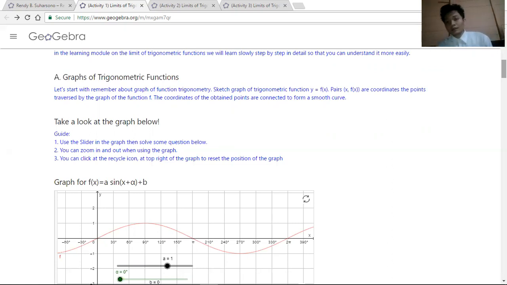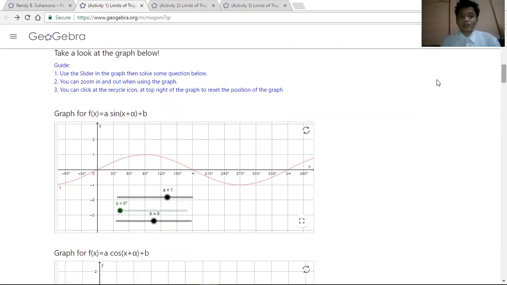Take a look at the graph below. Guide: use the slider in the graph and solve some questions below. You can zoom in and out when using the graph. You can click the reset button icon at the top of the graph to reset the position of the graph.